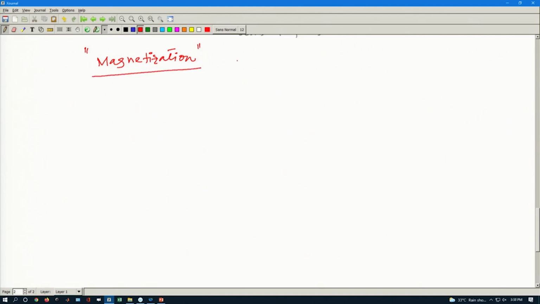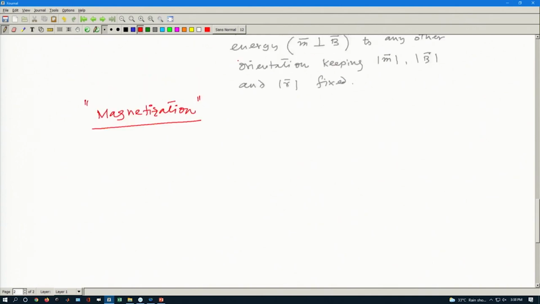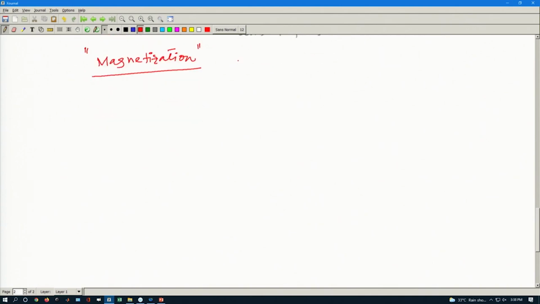When we use the Biot-Savart law and Ampere's law, the magnetic field is produced in vacuum. But if we place matter in a magnetic field, suppose we have a magnetic field here, and these are the magnetic field lines, and I place a chunk of magnetic matter here.